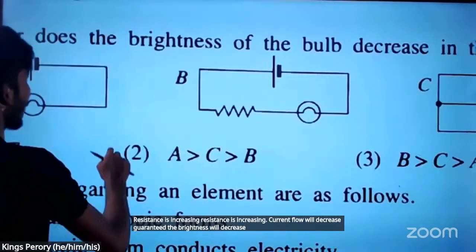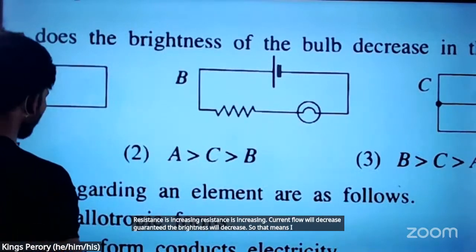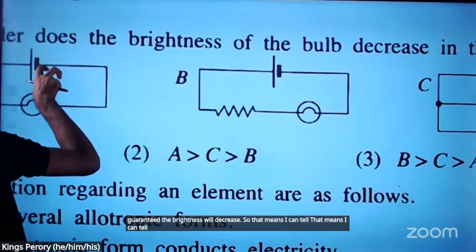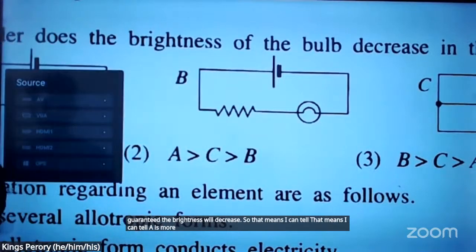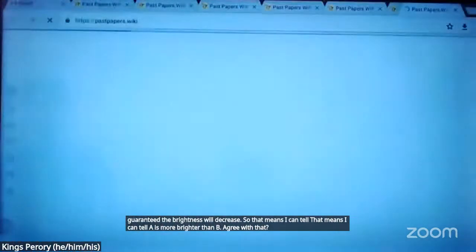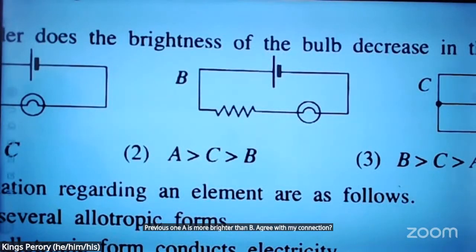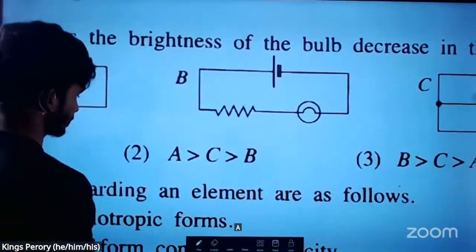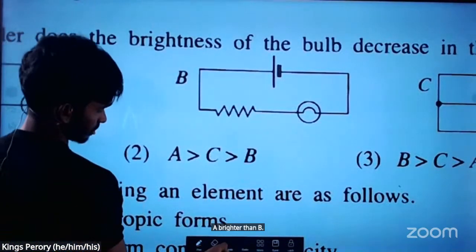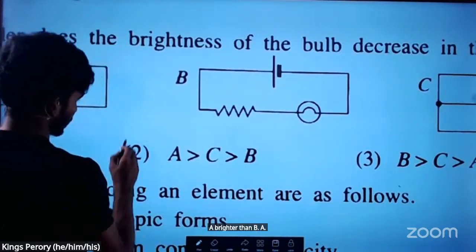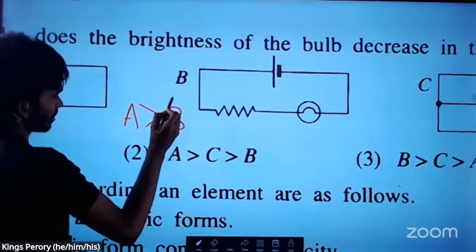So that means I can tell A is brighter than B. Agree with that? A is brighter than B. Why?